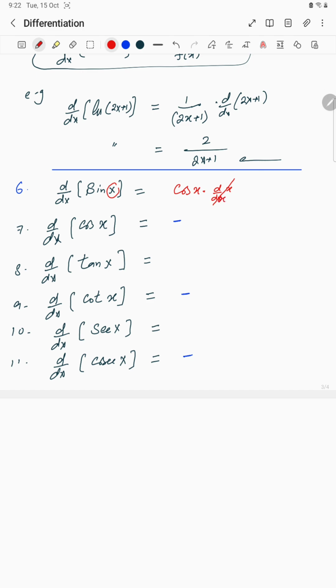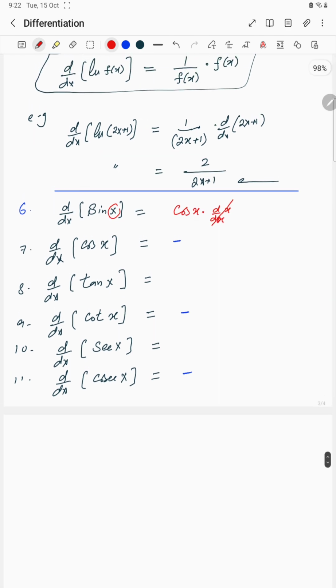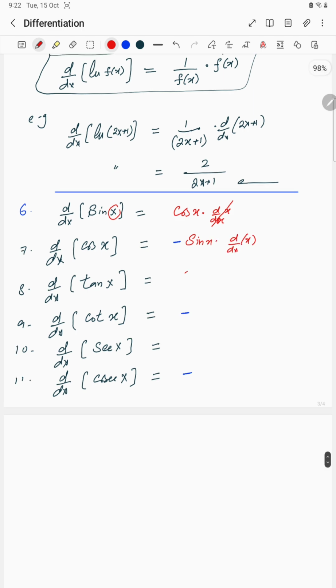I will do a few examples to help you understand why I wrote it. So the derivative of cosine of x is minus sine of x times the derivative of the angle. Tan is secant square of x times the derivative of x, because if I do not write this, a few common mistakes will be observed while solving paper questions. We will do the examples later, after explaining these rules.